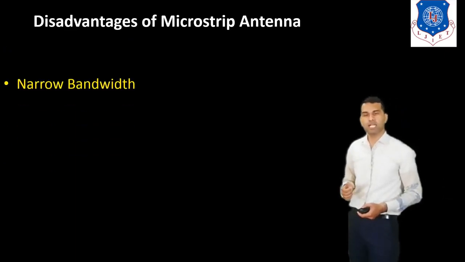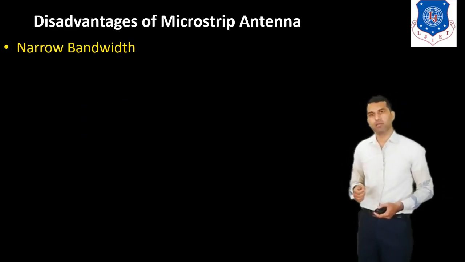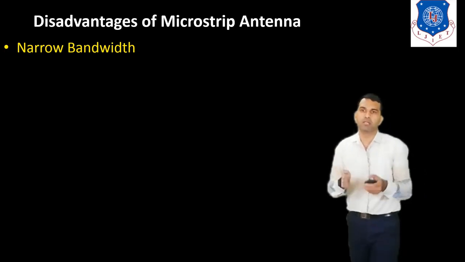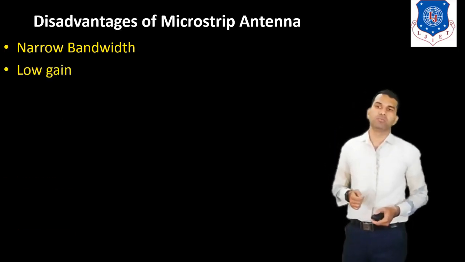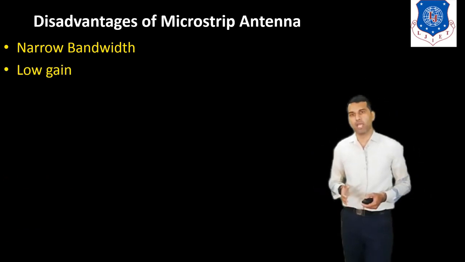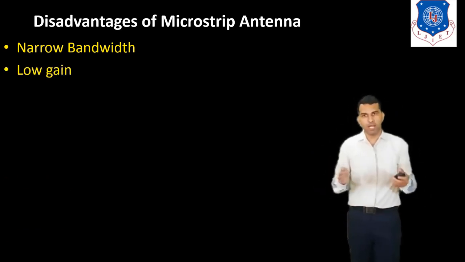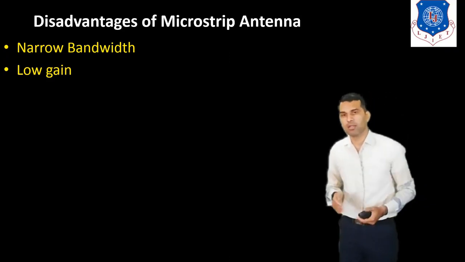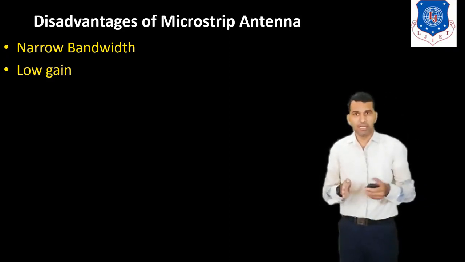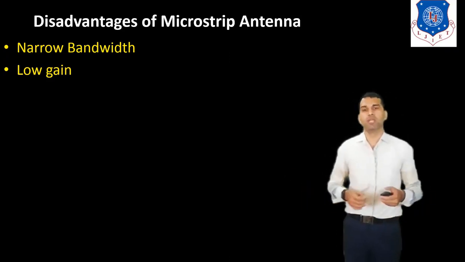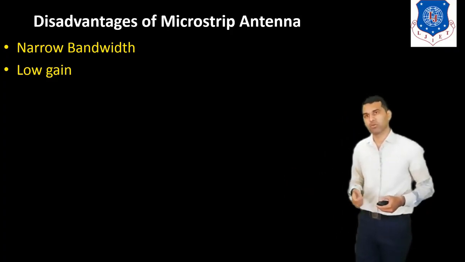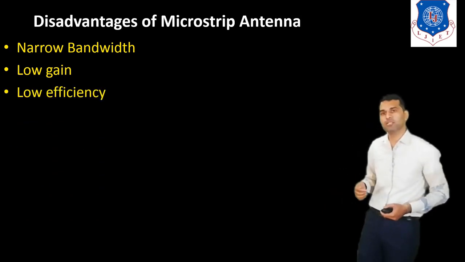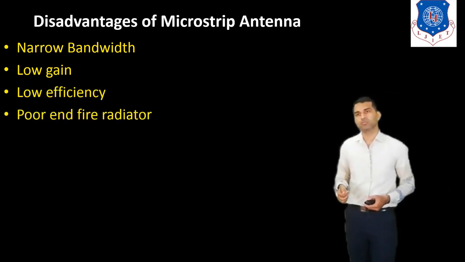It is also mechanically robust when mounted on a rigid surface. Now there are some disadvantages of this antenna. The first disadvantage is narrow bandwidth. The second is low gain. From one element of the patch antenna we get a very low gain. So to increase the gain we have to use the array technique, increasing the number of elements. The next disadvantage is that the efficiency is also very low.